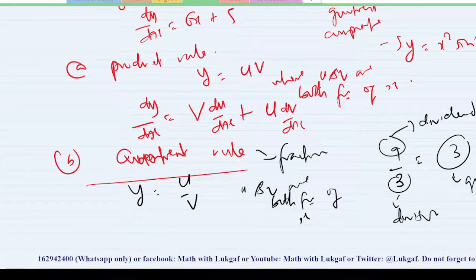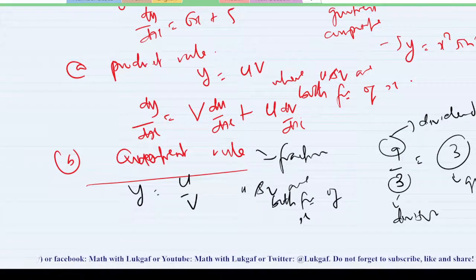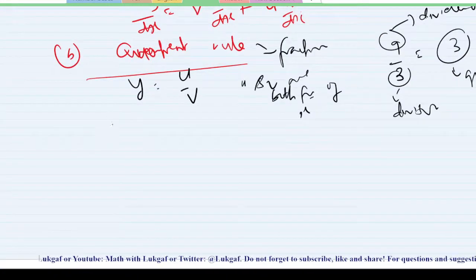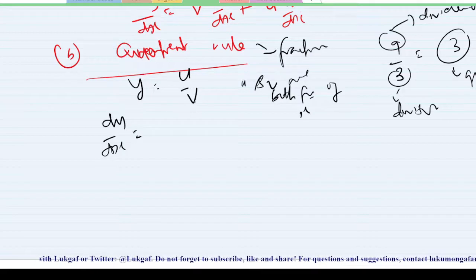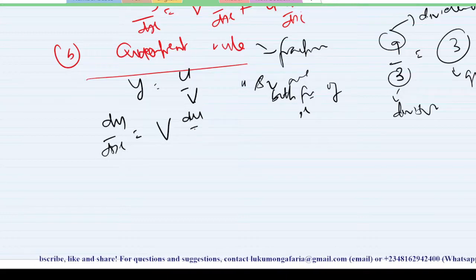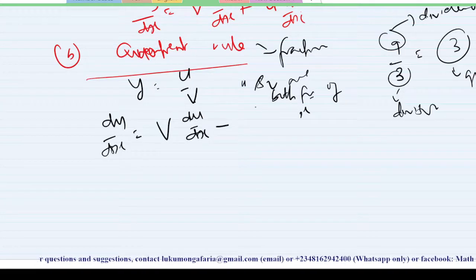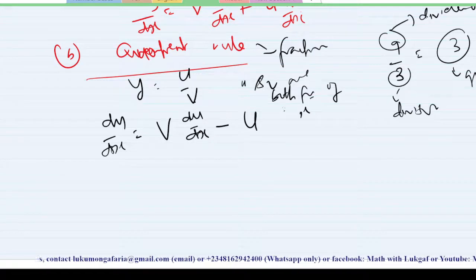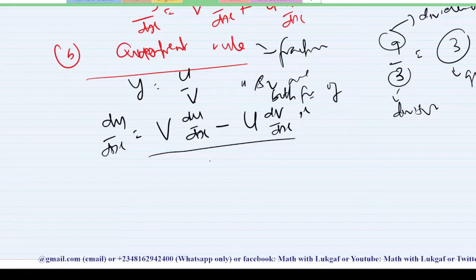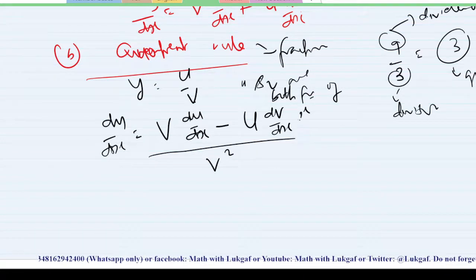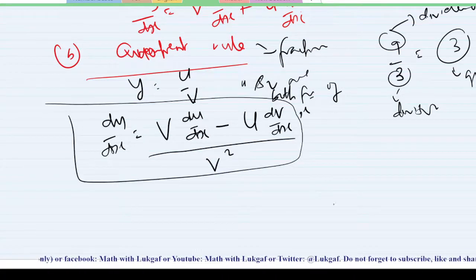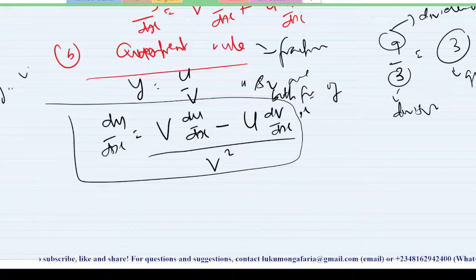Then your derivative is nothing but, dy dx, you write the second function, which is your denominator, you differentiate the numerator, minus, you write the numerator, you differentiate the denominator, divided by the denominator, everything squared. It is as simple as this. So that is v du dx minus u dv dx divided by v square. In that order. What I mean by in that order is, at times you can say your y is equal to v divided by u.